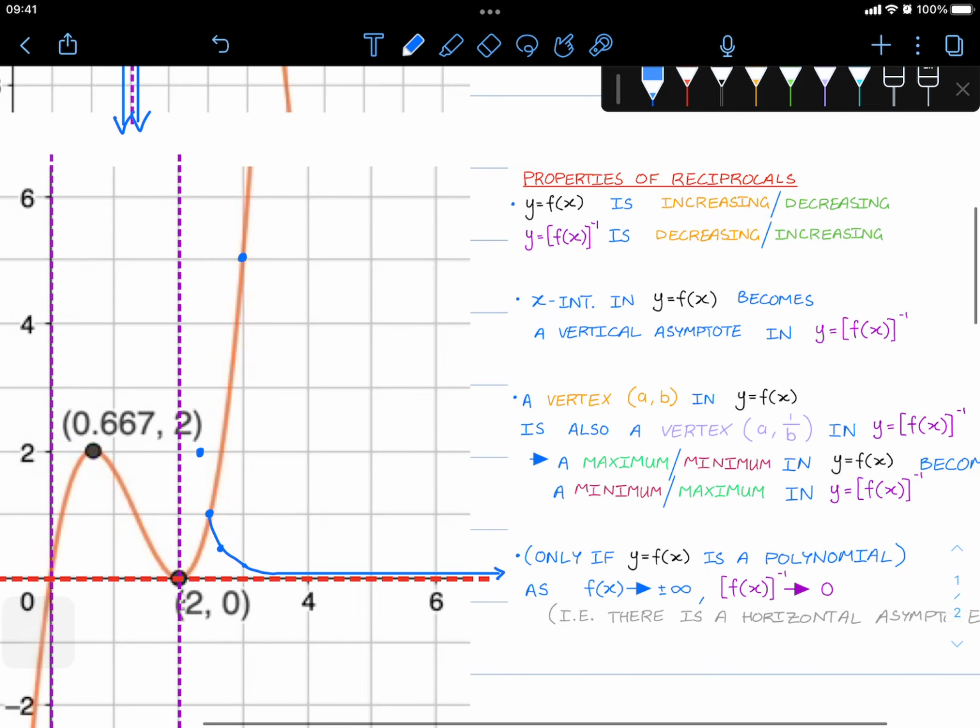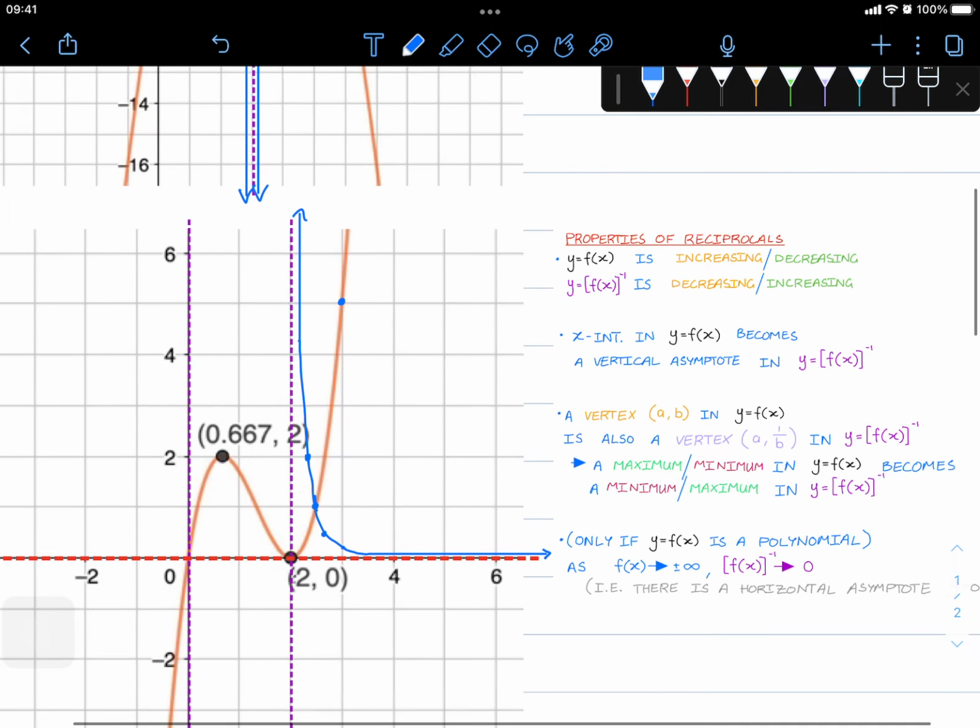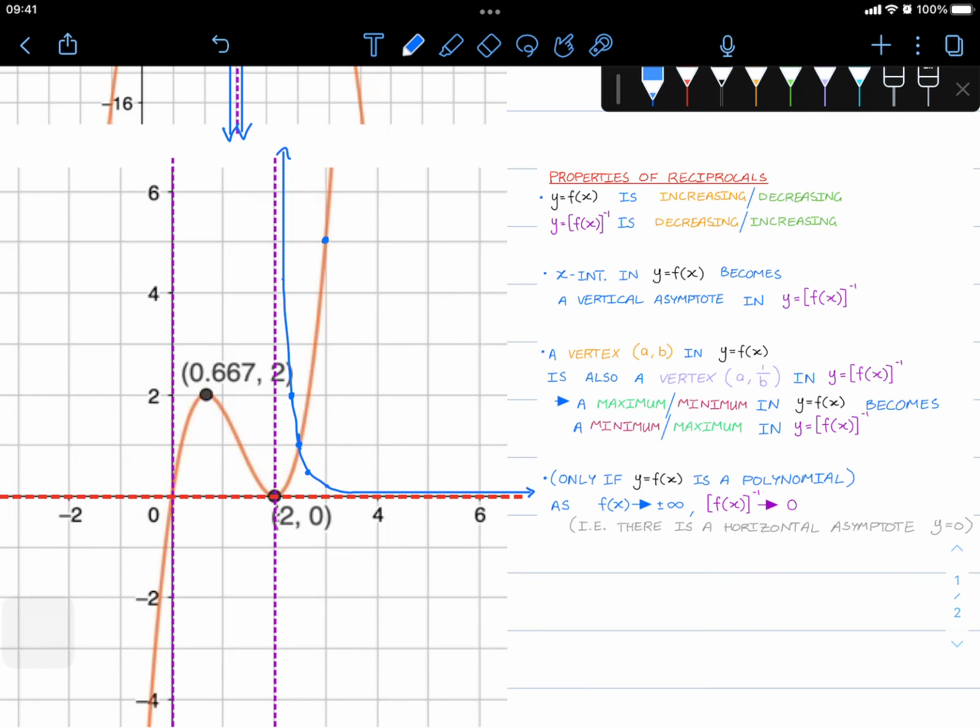So just using those points I feel is enough, so we can now just continue this sketch. And I'm just going to draw a vertical line to symbolize that asymptote. And there we have it.